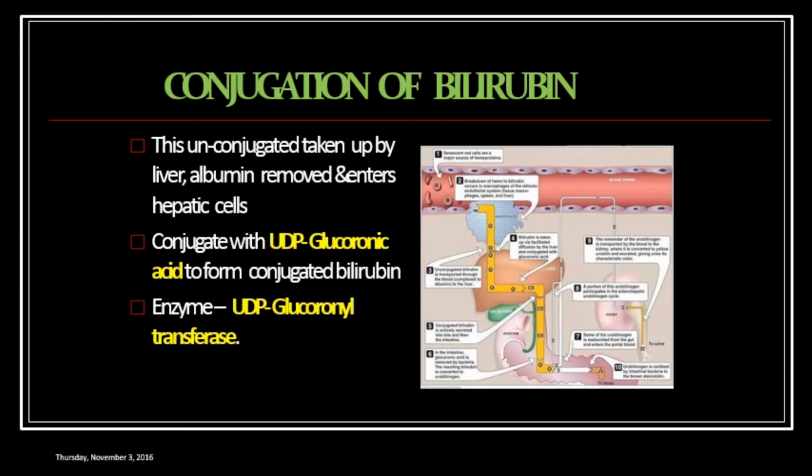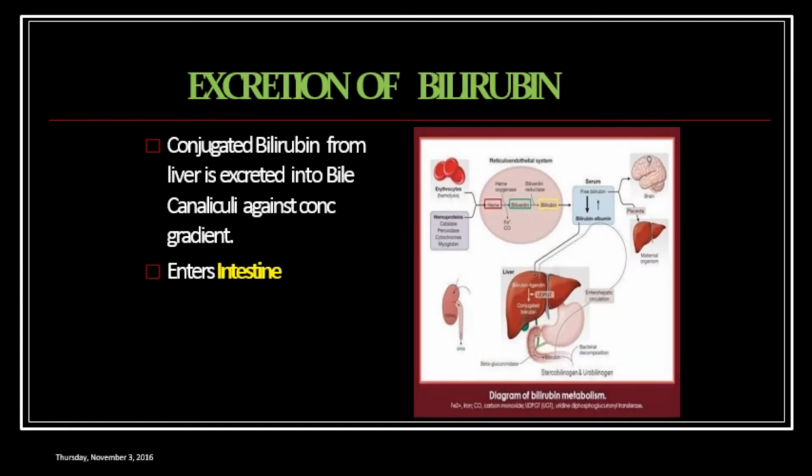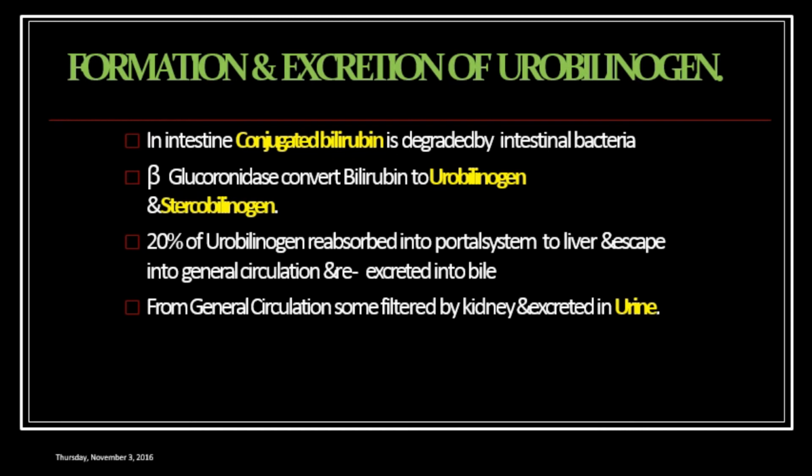This reaction is catalyzed by UDP glucuronyl transferase. From the liver, conjugated bilirubin will be excreted with bile and enter the intestine. The conjugated bilirubin will be degraded by intestinal bacteria, which will convert the bilirubin into urobilinogen and stercobilinogen.